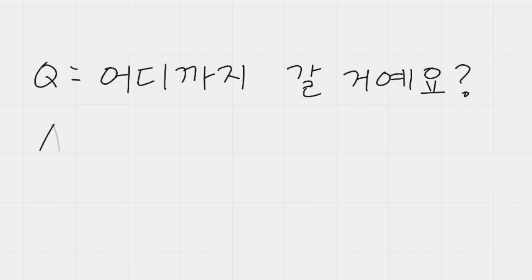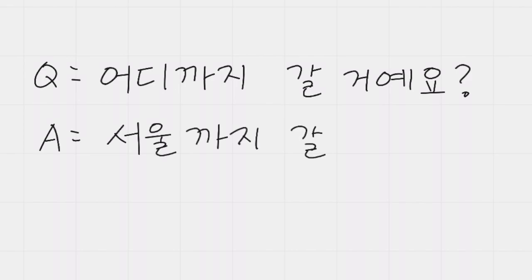The answer would be 서울까지 갈 거예요. But if you want to say from LA to Seoul, yeah, you can say LA부터 서울까지 갈 거예요. But the person only asks up to where, right? How far? 어디까지? Then you just say 서울까지 갈 거예요.